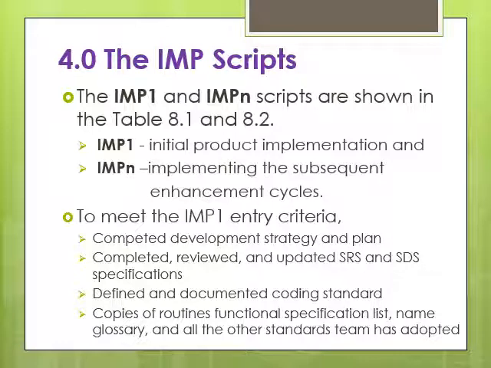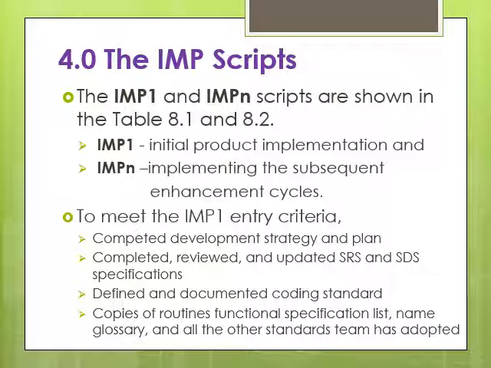IMP1, implementation script 1, is the initial product implementation. Meanwhile, implementation N is for implementing subsequent enhancement cycles. So IMP1 is for the first cycle, and N is for the subsequent enhancement cycles.